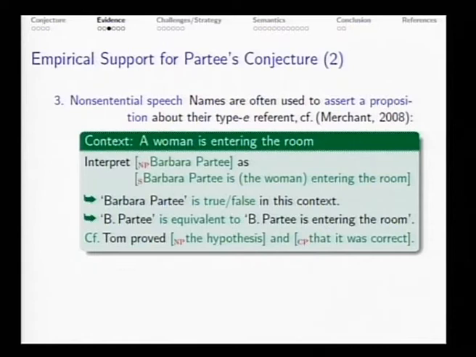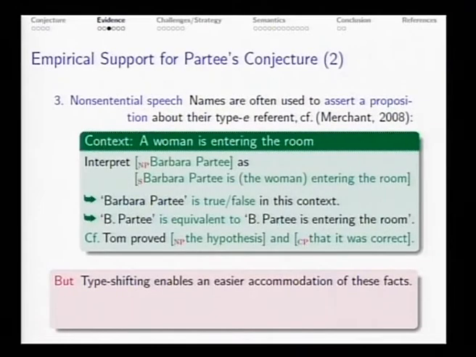So for example, once we have learned that Thomas proved the hypothesis, learning that Thomas also proved that the hypothesis was correct doesn't yield us any new information.